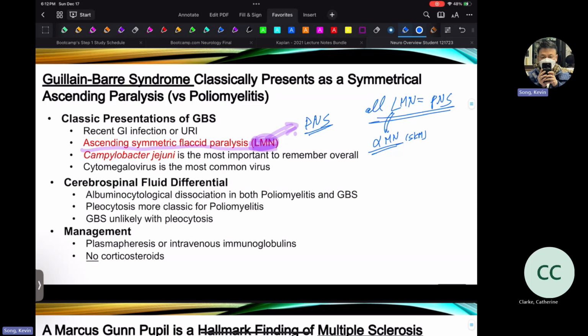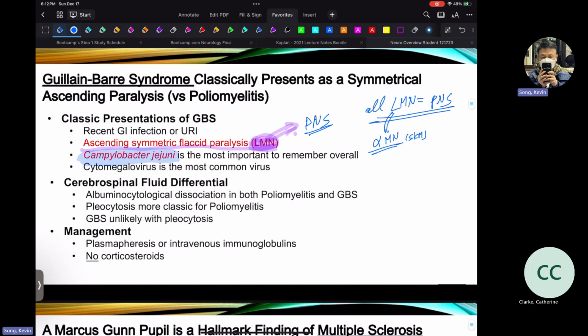So know this, it is a PNS problem, and one very high yield thing is Campylobacter jejuni. That's the bug that most commonly appears in the exam. In reality, other bugs can cause this.